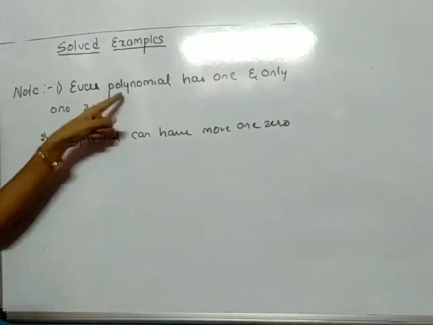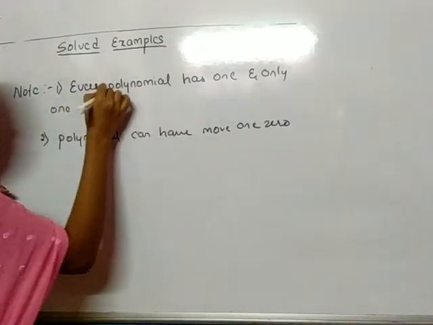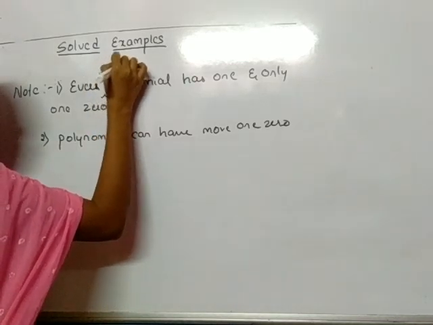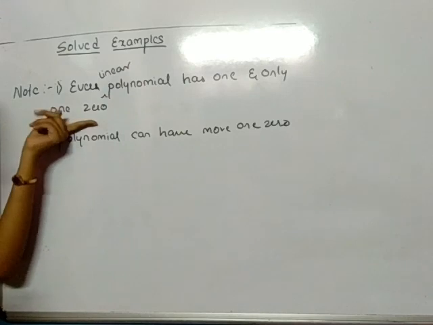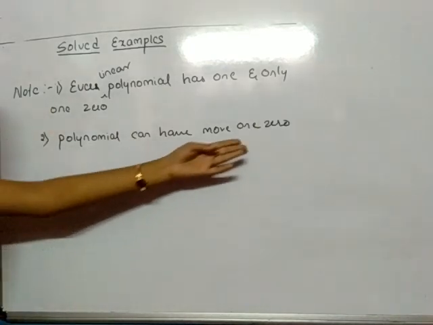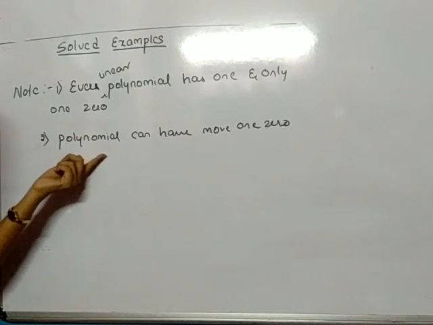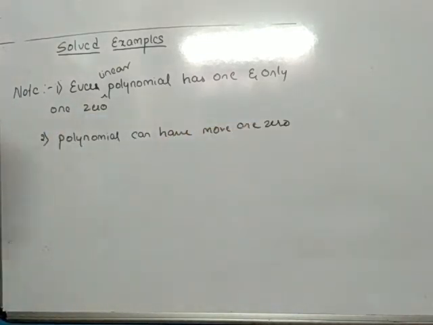Means for a linear polynomial we got only one zero. For a quadratic polynomial, we'll get 2 zeros. And for a cubic polynomial, we'll always get 3 zeros. So in general, I have written it here, a polynomial. It may be any polynomial out of these 3 polynomials can have more than one zero.